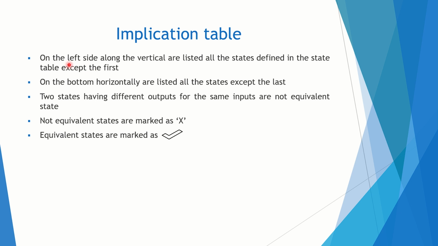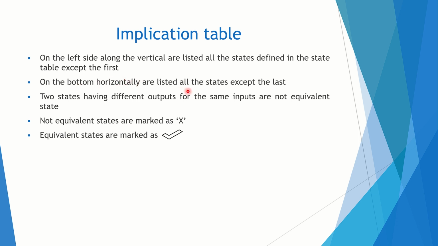The drawing of an implication table is simple. On the left side along the vertical are listed all the states defined in the state table except the first. So here we have A, B, C, D, E, F, G, and we will write B, C, D, E, F, G along the left side.